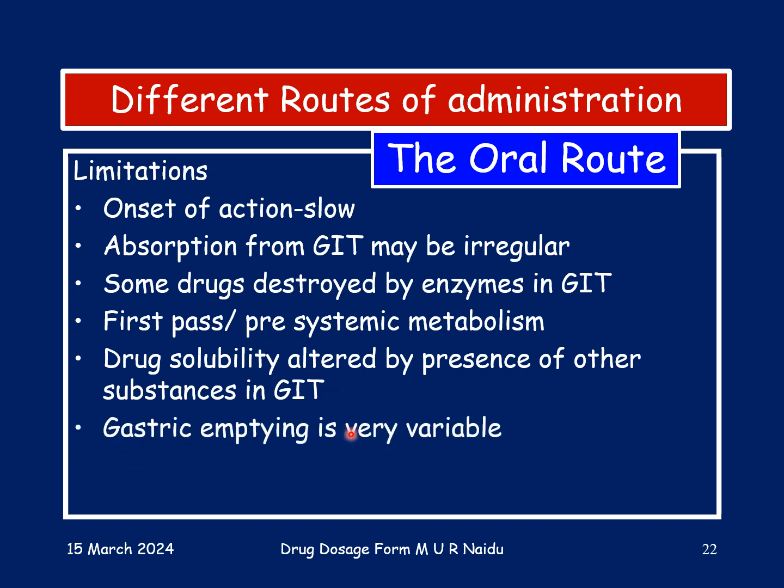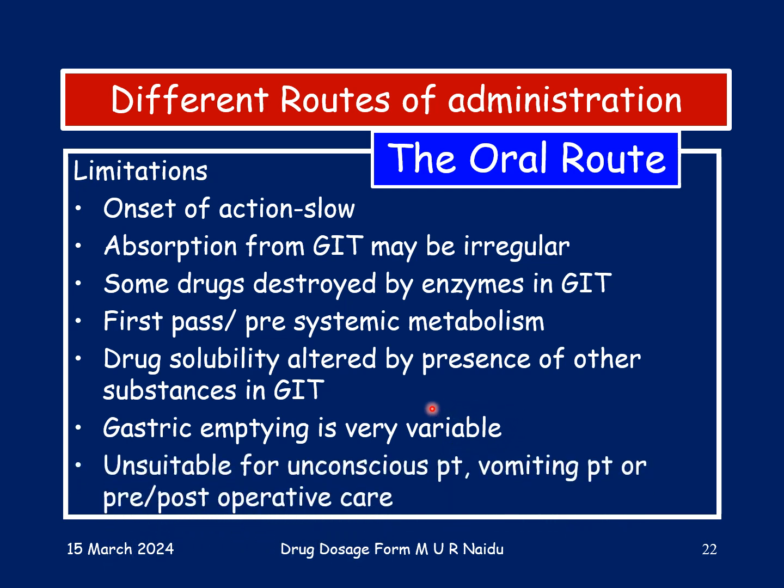Gastric emptying is very important and variable; if there is a lot of variation in gastric emptying time, absorption of the drug may vary. Unsuitable for unconscious patients, those who are vomiting, or in pre- or post-operative care.